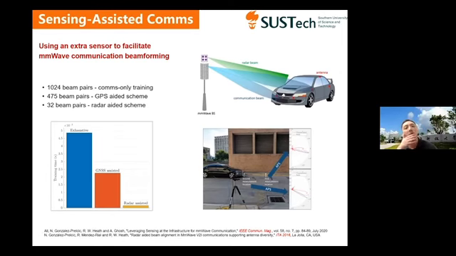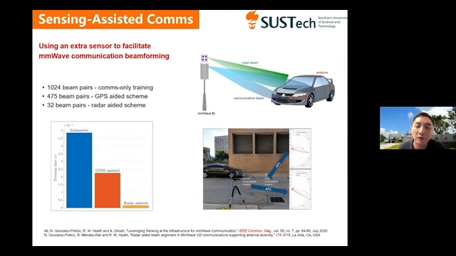And if we are going to do the conventional beam training using communication-only training, then, for example, if you have 32 transmit antennas and 32 receive antennas, you will end up with 1,024 beam pairs if you use exhaustive search.